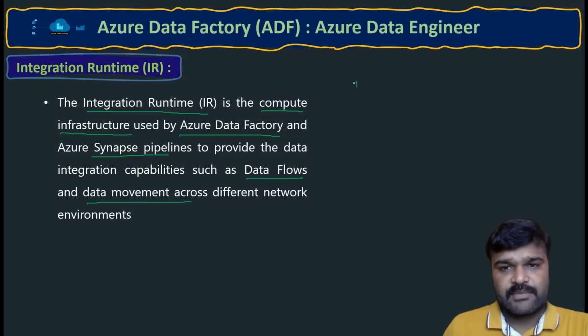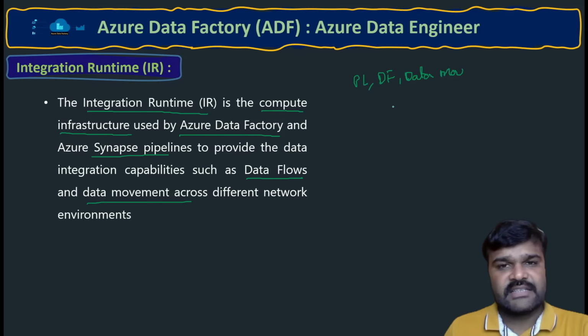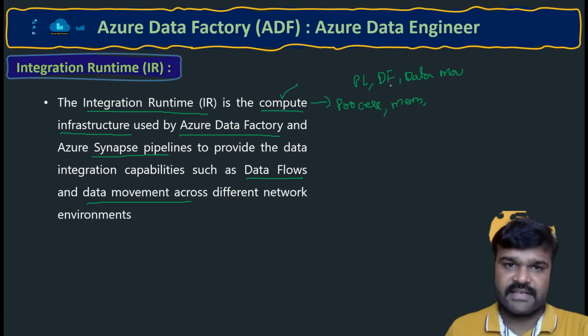Whenever you are running any pipeline, data flow, or data movement, definitely in the background there must be a computation infrastructure. Computation infrastructure is nothing but processor, memory, bandwidth, network, all these things are required actually.